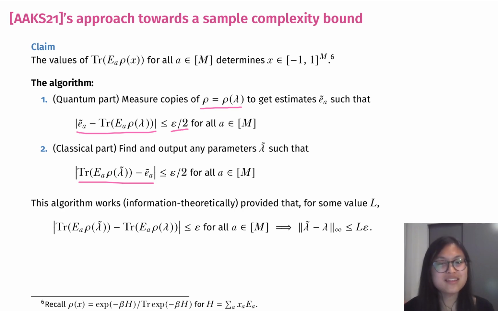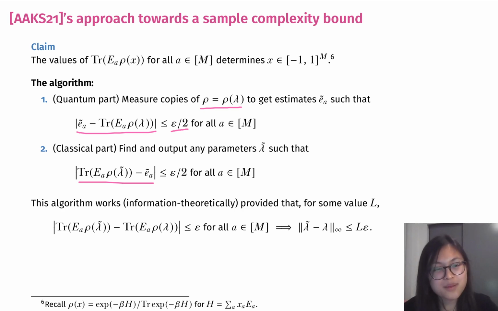And indeed, we know that it is possible to output some setting of parameters, because lambda tilde equals lambda is an option. So there is always one parameter setting that satisfies this condition if the quantum part was done correctly.